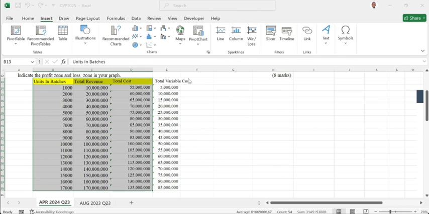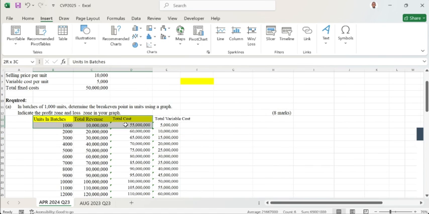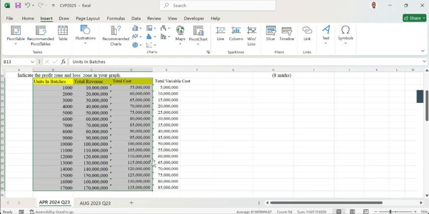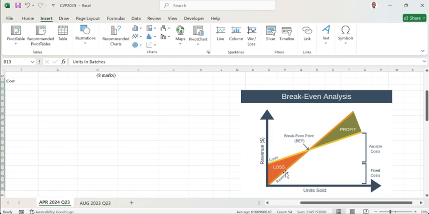If you go to the recommended chart, can we use a bar chart? Geraldine, can we use a bar chart? No. Why?